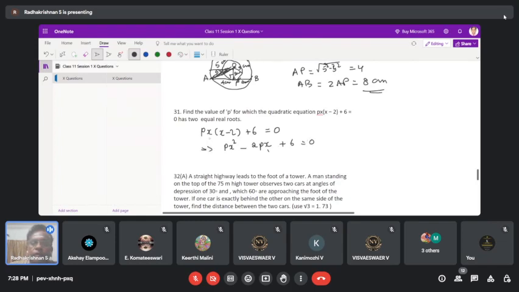We just multiplied these two terms, px and x minus 2, to get px square minus 2px. So we've got a quadratic equation in the standard form. This has got two equal real roots. So what does it mean? When will there be two equal real roots?